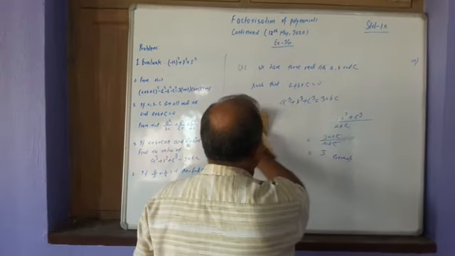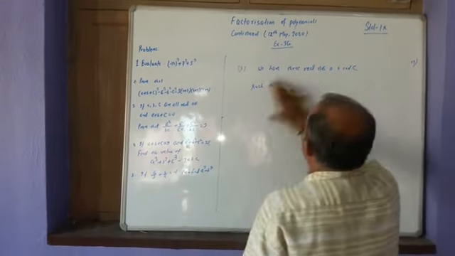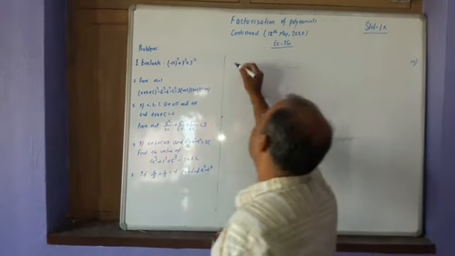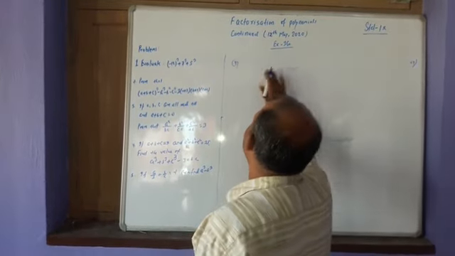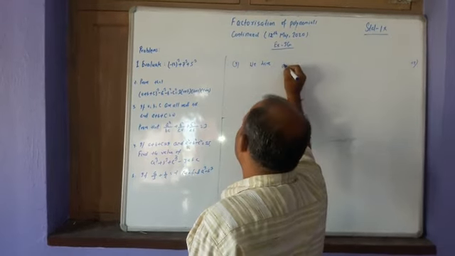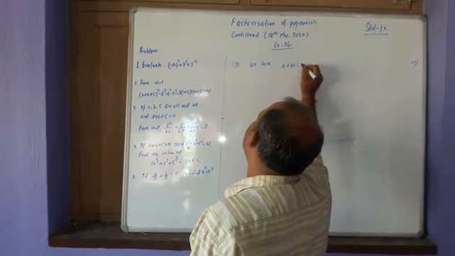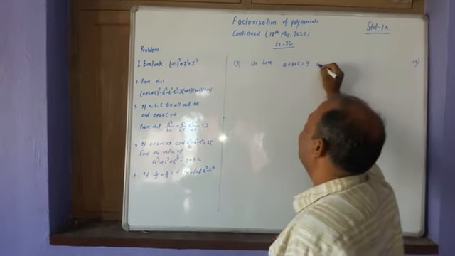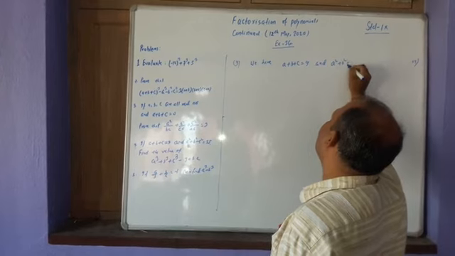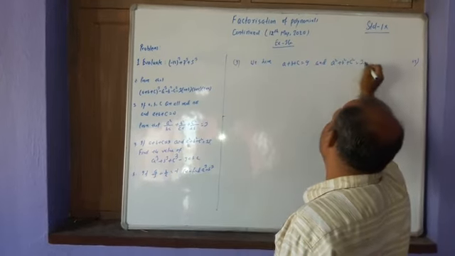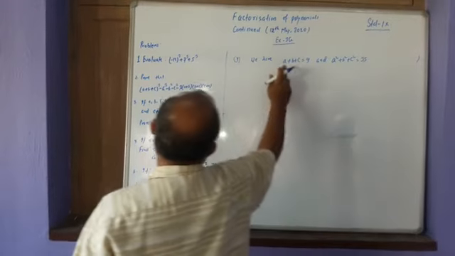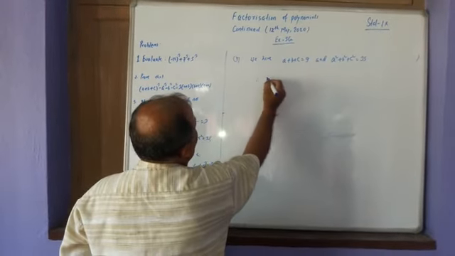Now the fourth problem. Now we have to solve the fourth problem. What is that? In the fourth problem, we have A plus B plus C is equal to 9 and A square plus B square plus C square is equal to 35. Here A plus B plus C is equal to 9.